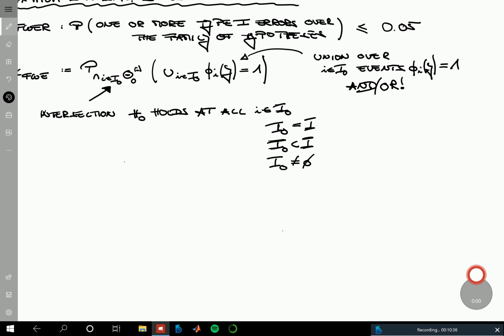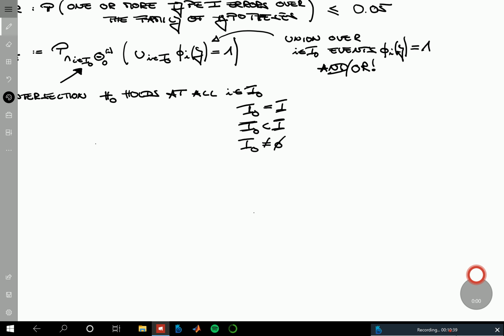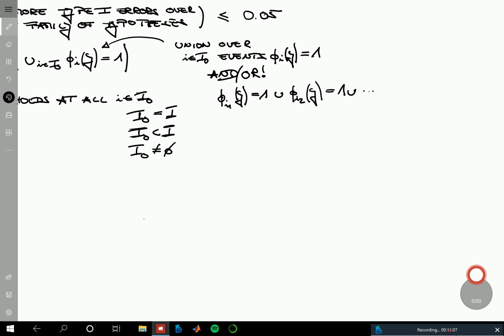So in principle, if one writes this out a little bit, this means phi y equals 1 and/or phi 2, or we should rather say, because this is a little bit too easy, I1, I2, up to I N0, where these I1, I2, up to I N0 are elements in this null hypothesis set I0.